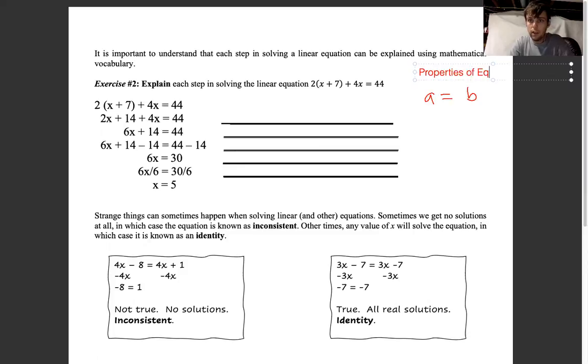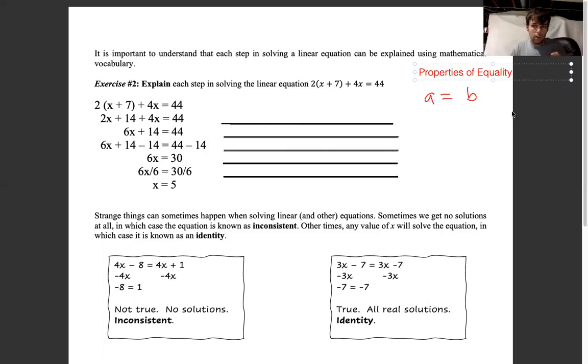Properties of equality. Again, basically what it says is we can add the same thing to both sides, subtract the same thing from both sides, multiply both sides by the same thing, divide both sides by the same thing. Division is the only one that's a little bit tricky. You're not allowed to divide by 0. That's just not something you're allowed to do mathematically.